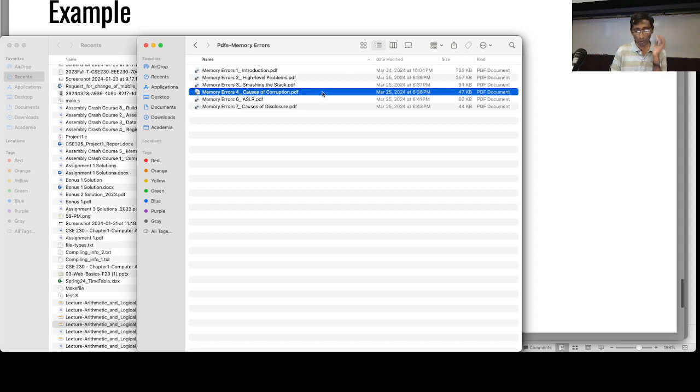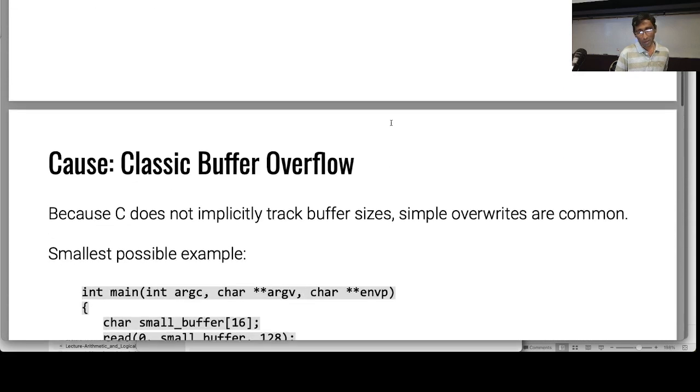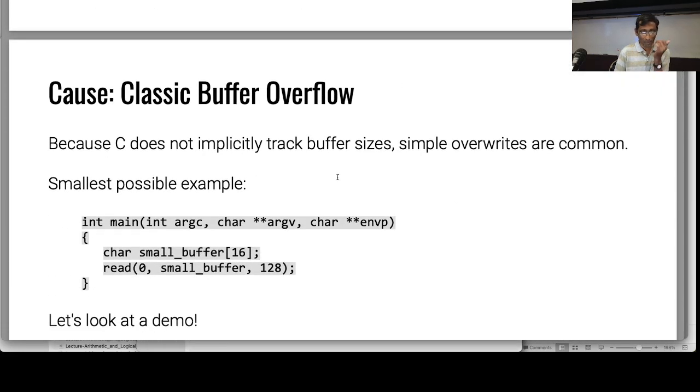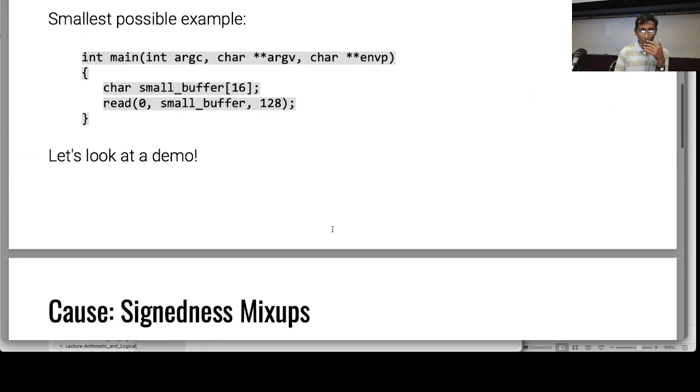That's the topic of this slide, which we will go over today. We will look at the main causes of buffer overflow, using sample code for different kinds of problems.